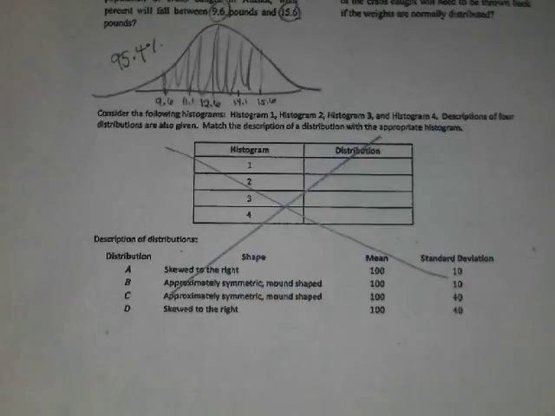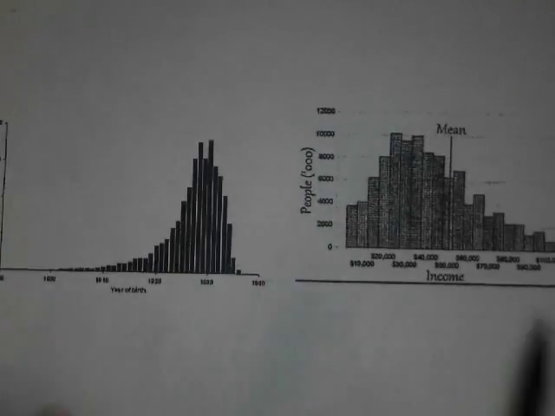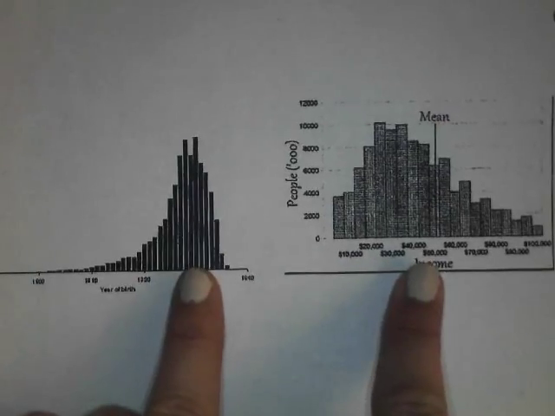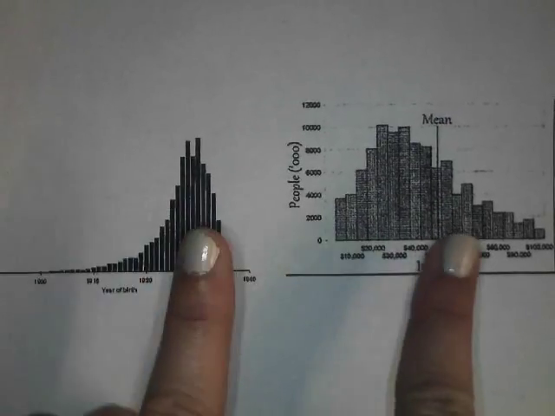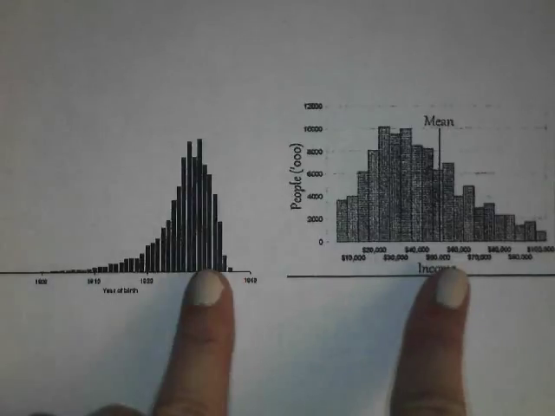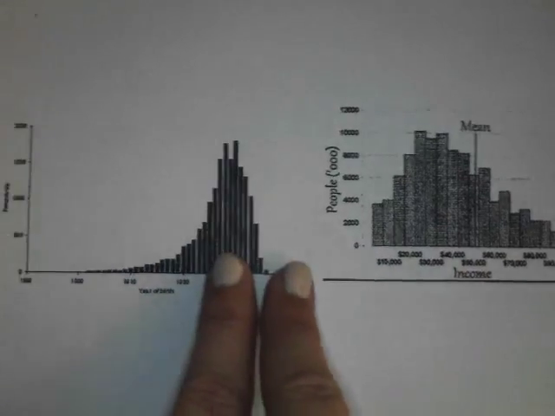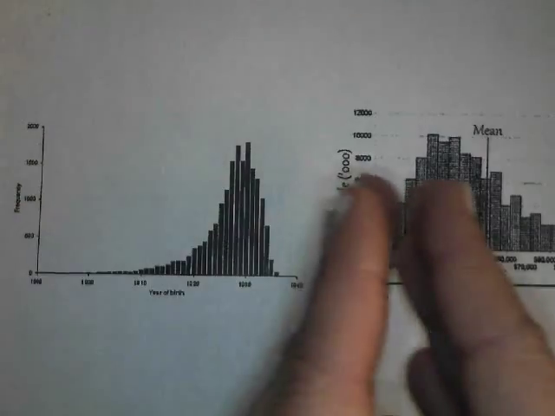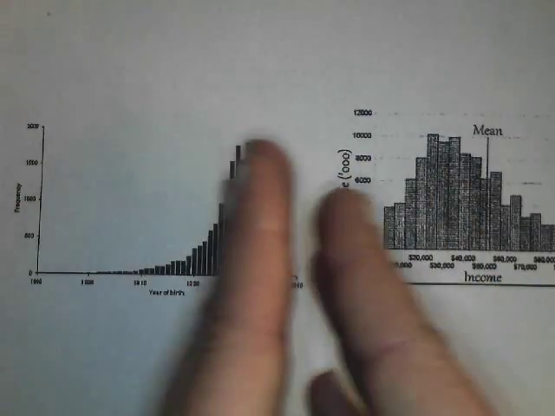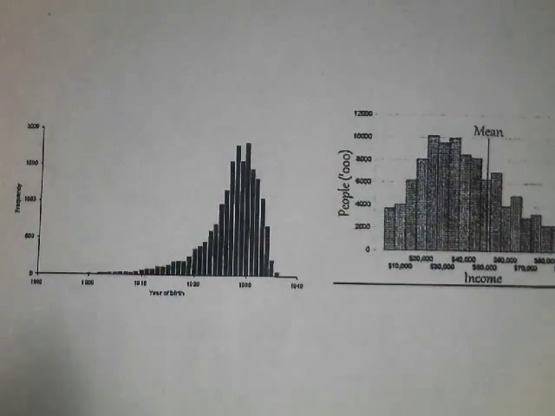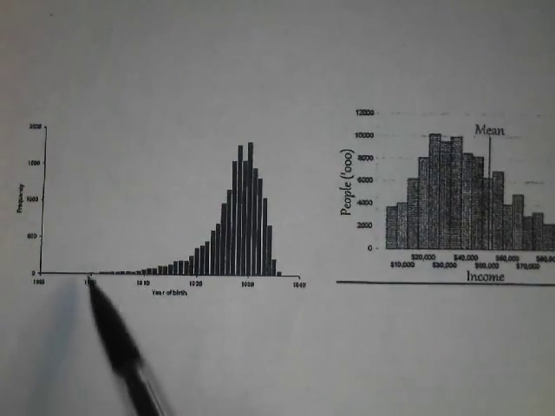We did talk about these 2 histograms are not normal bell curves. These are not normal distributions. Both of these are skewed, okay? In this case, the average is pulled by these points. But do you see how this kind of tails off to the left?